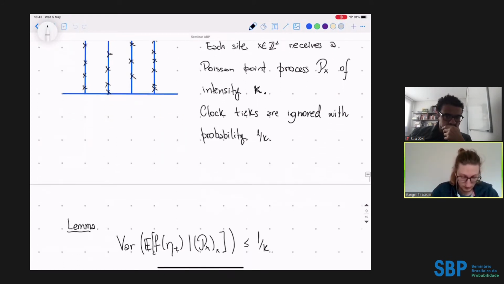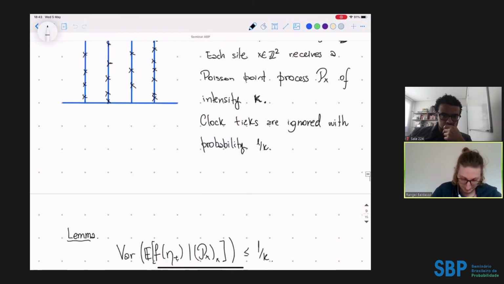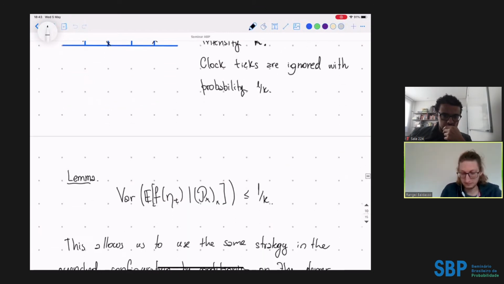And now, why is this graphical construction useful? Because you can have some concentration estimates for annealed quantities.